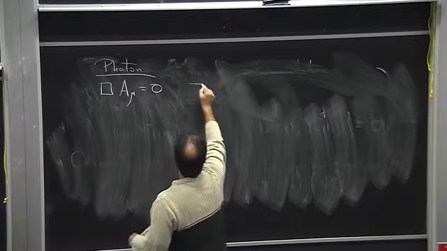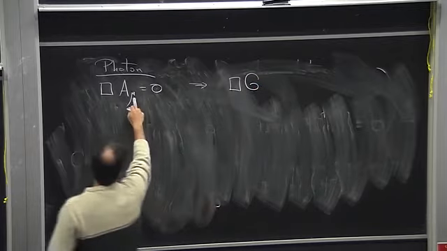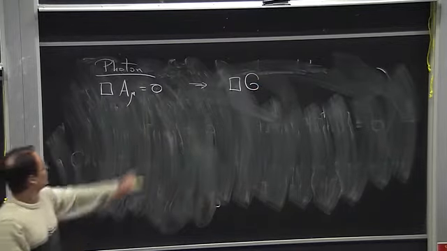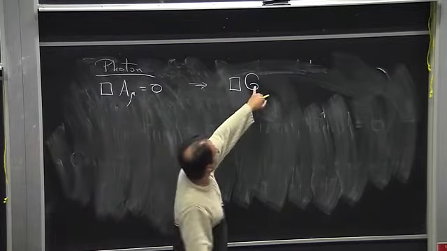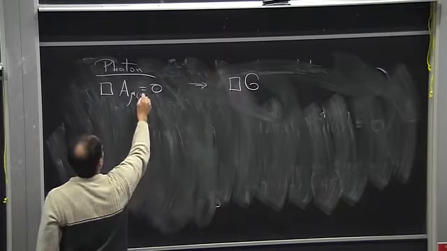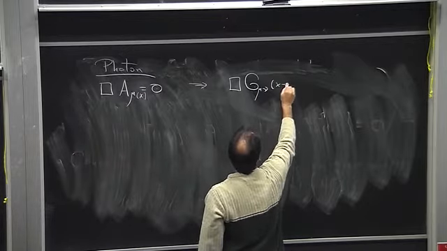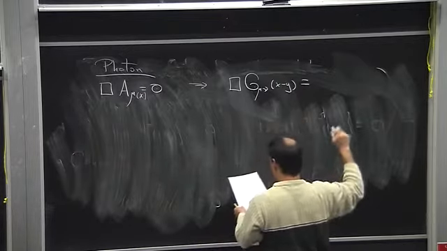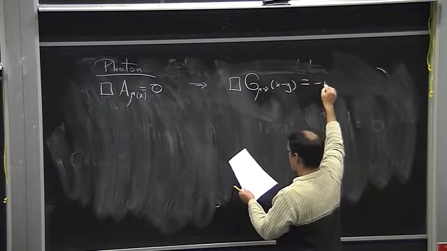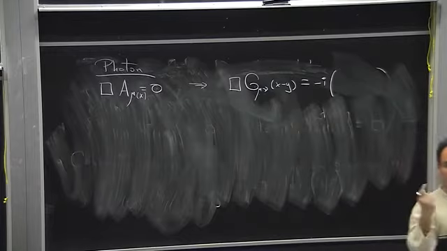So the Green's function equation would have been, now we have an index, okay? So the Green's function must have two indices. And we get, if we have space-like components, we should get something that looks like the scalar field.